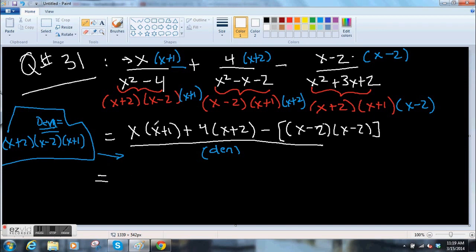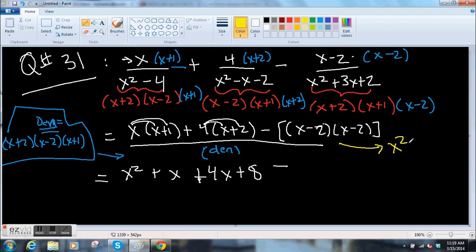This thing on top becomes x squared plus x, multiplying this out, plus 4x plus 8, minus, and I have to multiply this piece together first: x squared minus 2x minus 2x plus 4, that's x squared minus 4x plus 4.